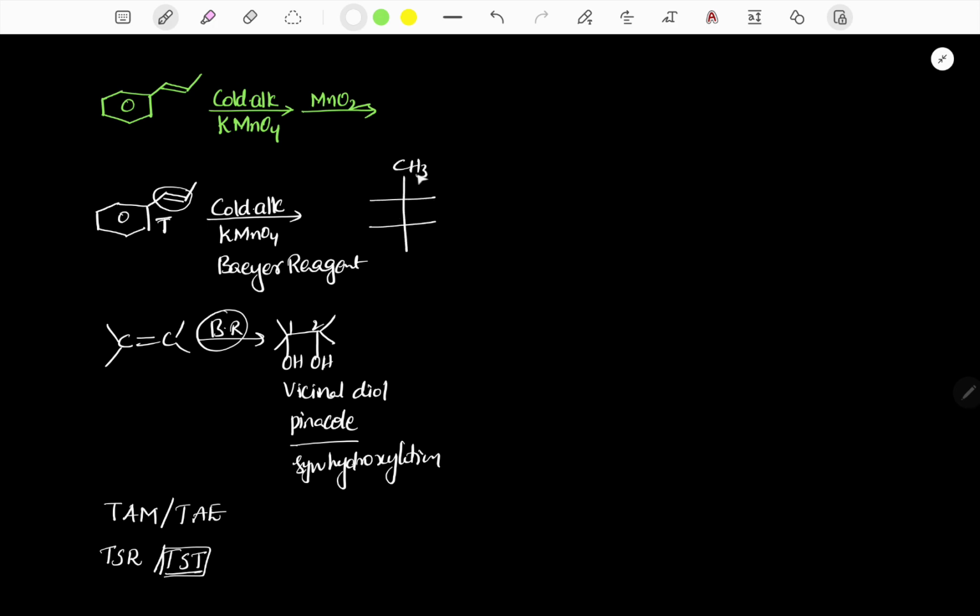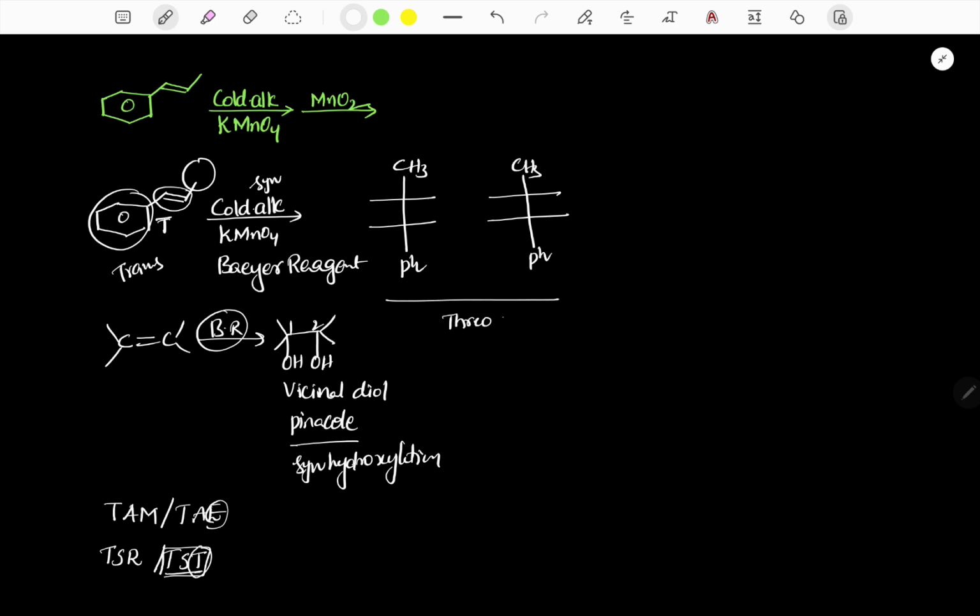Here CH3 and here Ph, the CH3 group and the benzene group. Now erythro and threo: erythro means the same side, threo means opposite. So it is a trans compound. It is a syn addition. Therefore we get the corresponding threo racemic mixture. So here simply threo means both OH groups are on opposite sides.